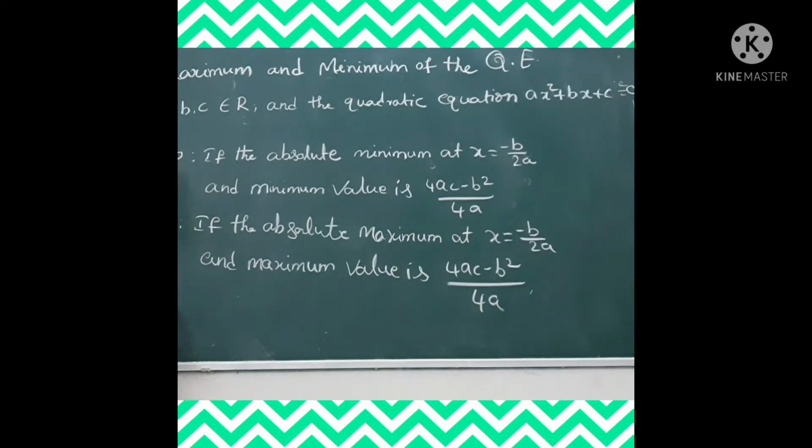And second one is a is less than 0. Here a value is less than 0, so a is negative. If the absolute maximum at minus b by 2a and maximum value is 4ac minus b square by 4a. Okay. Now, okay, let us do an example for this.